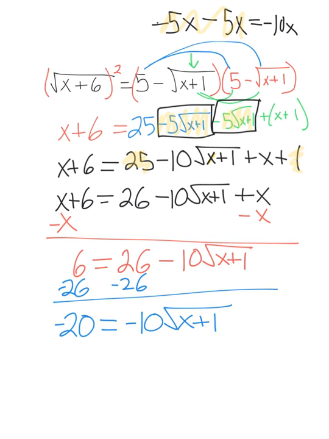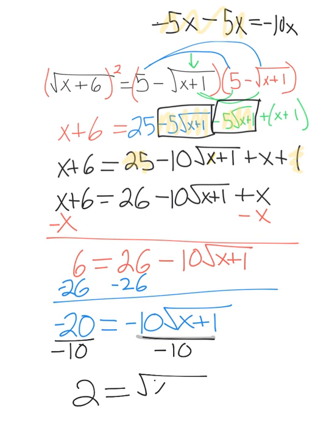And now what we have to remember is what operation is going on in between -10 and the square root of x plus 1. That is multiplication. So I'm going to do the opposite of that and divide by -10 on both sides of the equation. And I'm left with 2 equals the square root of x plus 1.